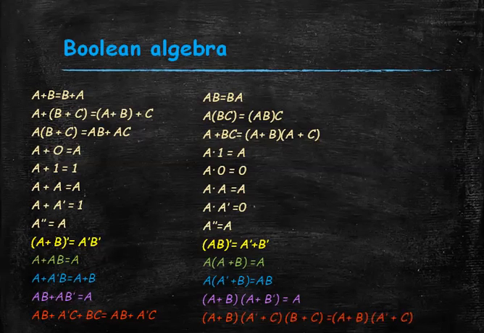Using these fundamental laws and theorems, we can reduce the Boolean expressions. The theorems given in the beginning, the first 8, are very simple and there is no need to prove.